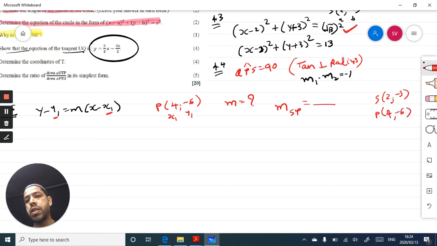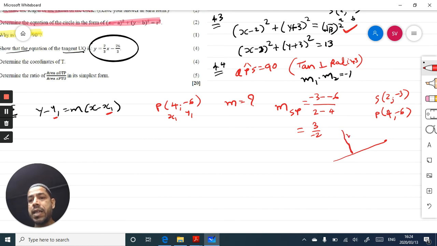My gradient of SP is y2 minus y1 divided by x2 minus x1. So it says 3 over negative 2. So if I know the gradient of the radius, which is this, now I need to find... so this one is 3 over 2. It's not 3 over 2, I'm thinking one step ahead.